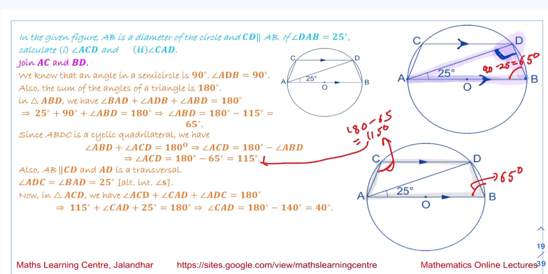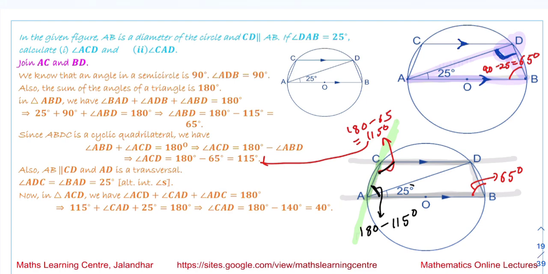Now these two lines, line AB and line CED, are parallel to each other, and AC is the transversal. So the sum of these two angles, this angle and this angle at A, should be 180 degrees. So the measure of this whole angle A is 180 minus 115 degrees.